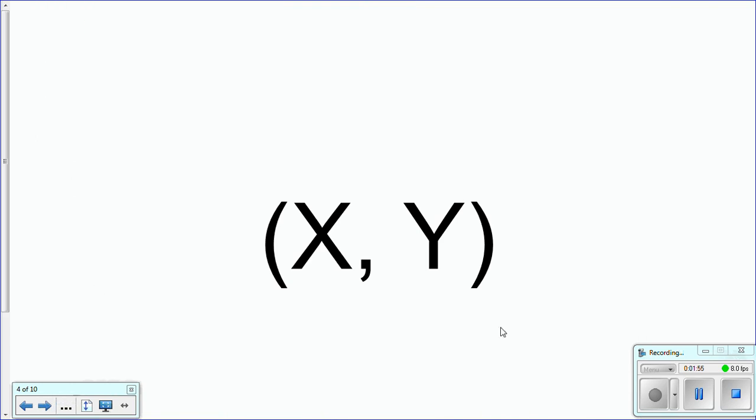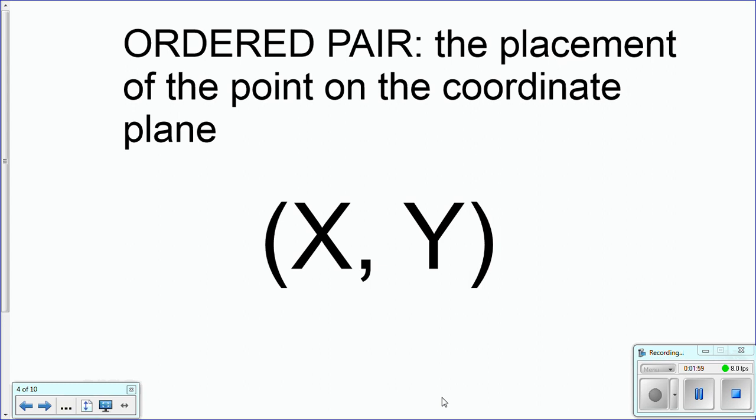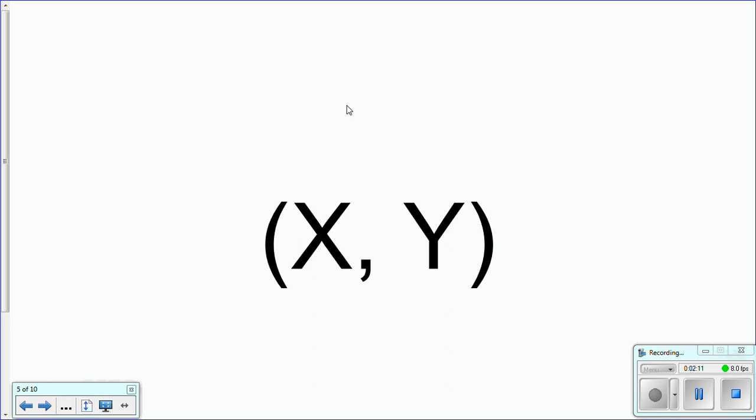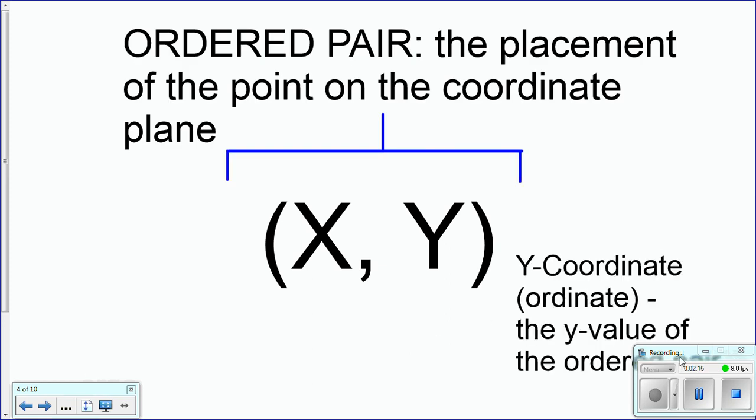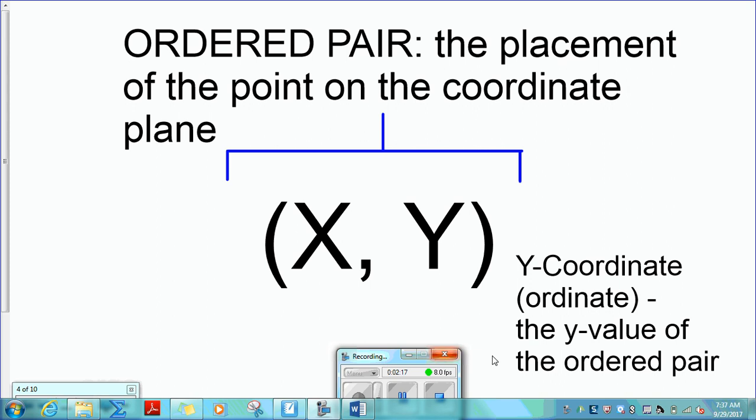Now this is called an ordered pair. It's the placement of a point on a coordinate plane. The y-coordinate, also known as the ordinate, is the y value of the ordered pair.